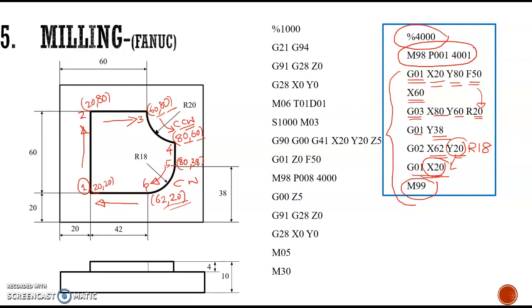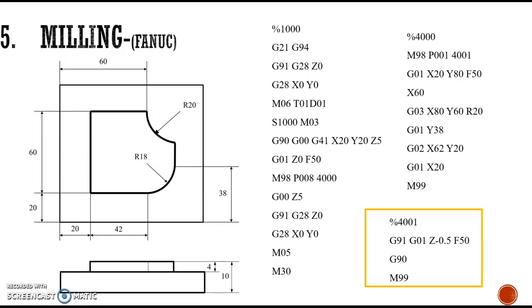So in order to give the depth of the tool, we are using another subprogram, number 4001. Now the next step is we have to write the subprogram 4001. In this subprogram 4001, we need to only give the depth of each cut, because we can't do the whole 4 mm depth of cut in a single pass.